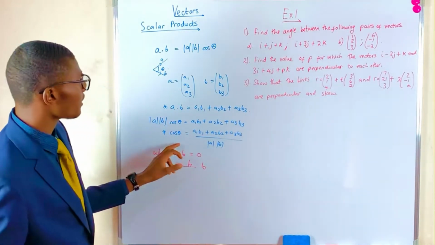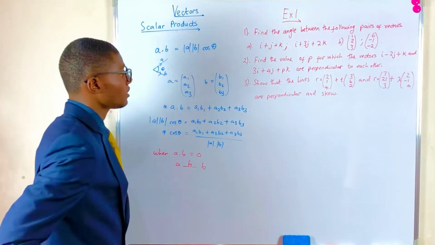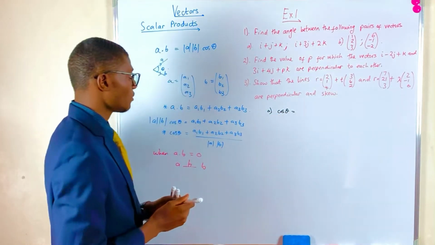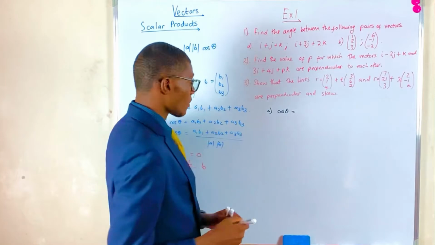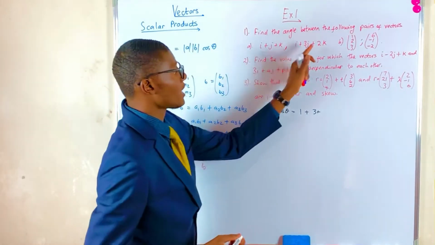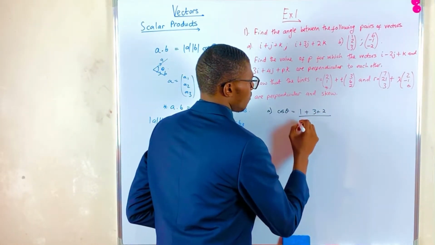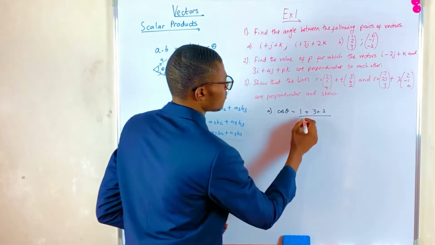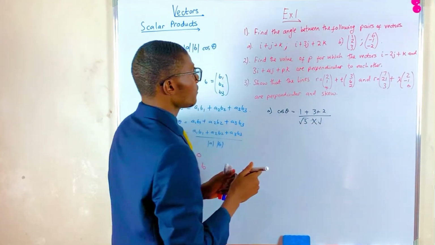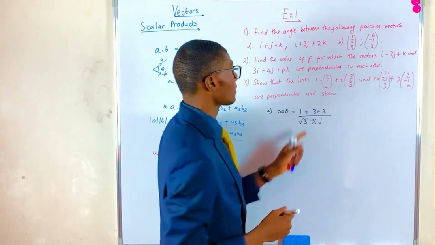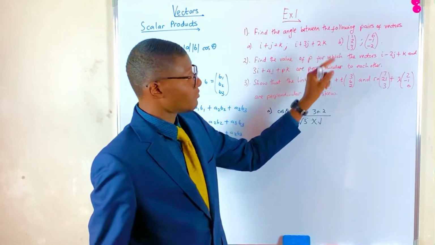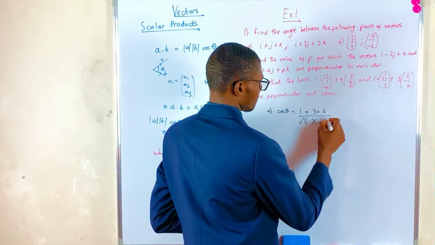Using this formula, for part A, cos theta is equal to A1 B1, 1 times 1, that's a 1, plus 1 times 3, that's a 3, plus 1 times 2, that's 2, over the square root of 1 squared plus 1 squared plus 1 squared, which is root 3, times the square root of 1 squared plus 3 squared, that's 1 plus 9, which gives 10, plus 2 squared, which is plus 4, which gives 14.